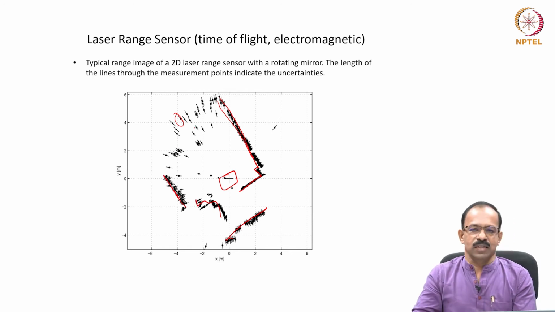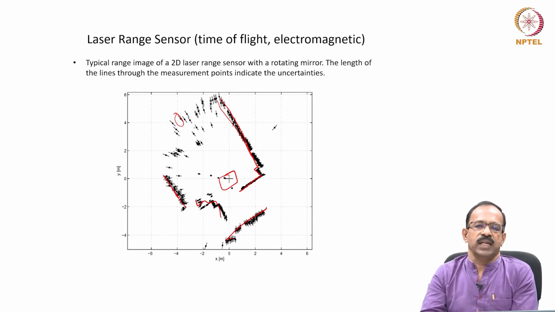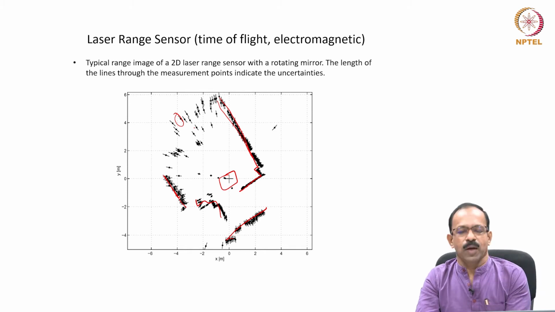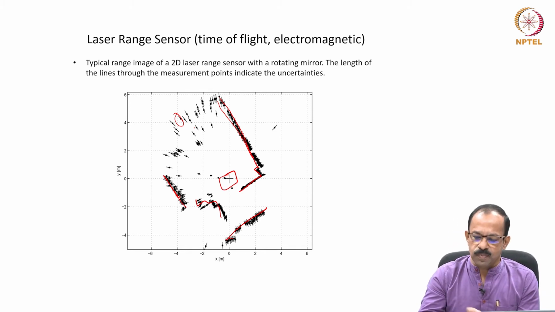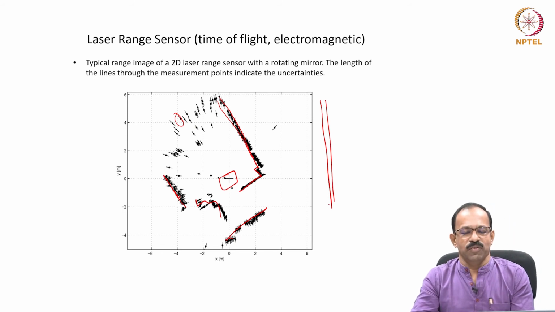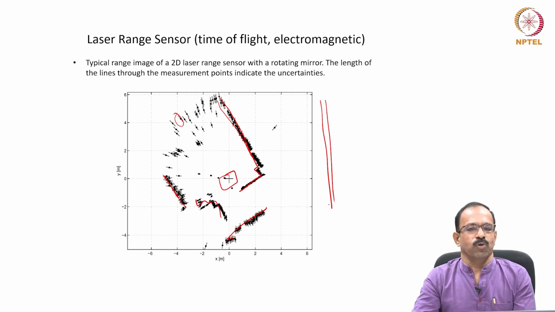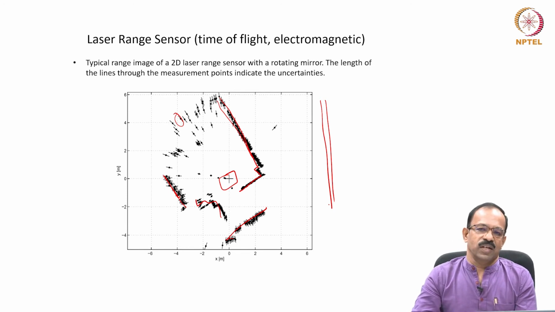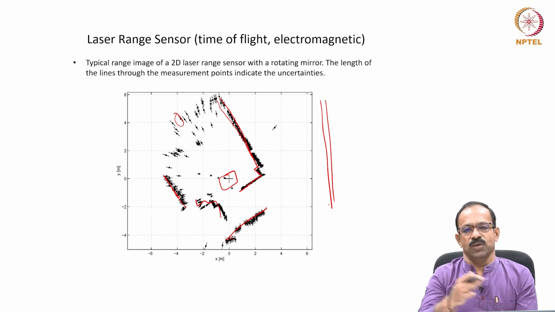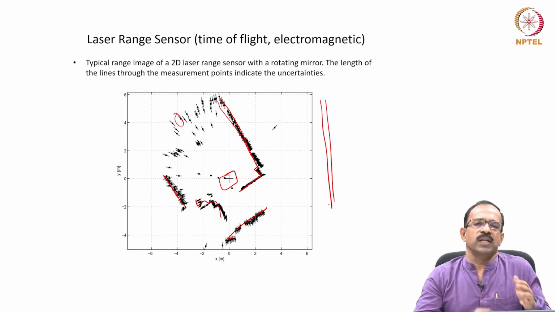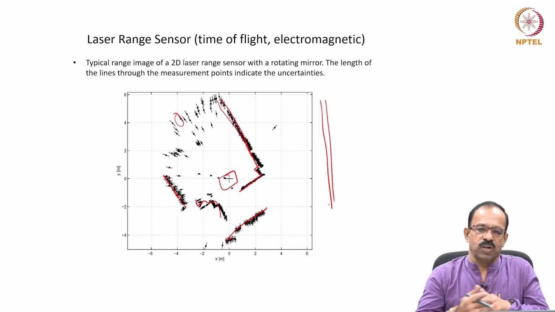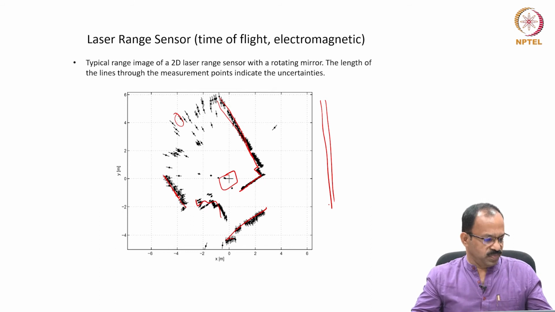These are the things that you can create, and that can be used to generate the map of the environment. This is widely used in indoor navigation as well as outdoor navigation, for measuring the distance to objects and creating the map, and can be used for obstacle avoidance in many cases.